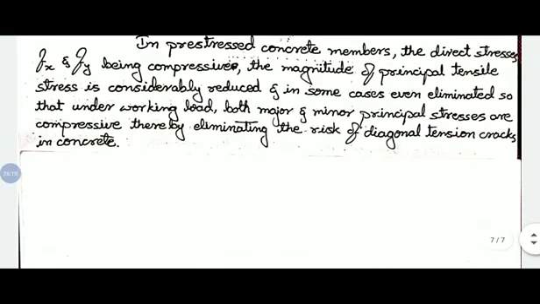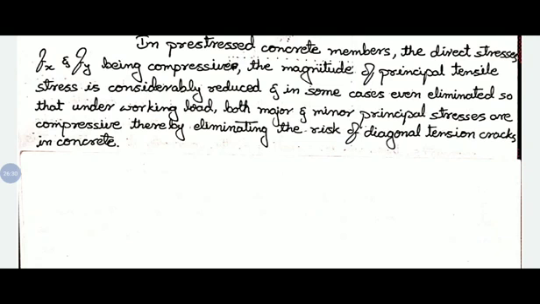Here we have discussed the analysis of shear: how the shear stresses develop, how the principal tensile stresses and principal compressive stresses develop, and based on these stresses, how cracks develop and what the orientation of the cracks is depending upon the principal stresses.